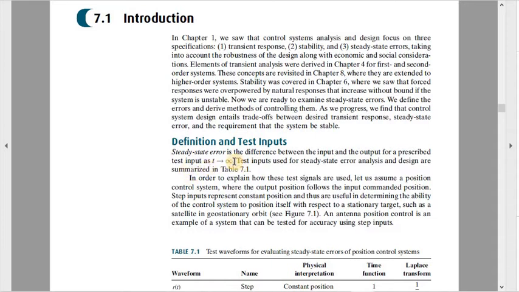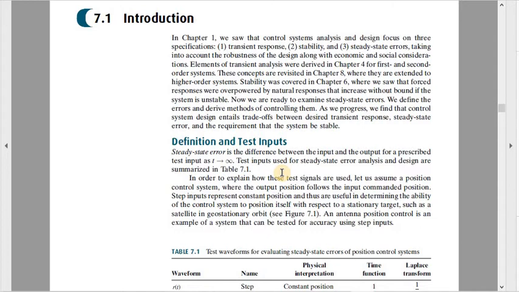The main idea is that you have to look at the output response after the transient response, where things are settled down. That's why we put t tends to infinity here. The test inputs used for steady state error analysis and design are summarized in a table.